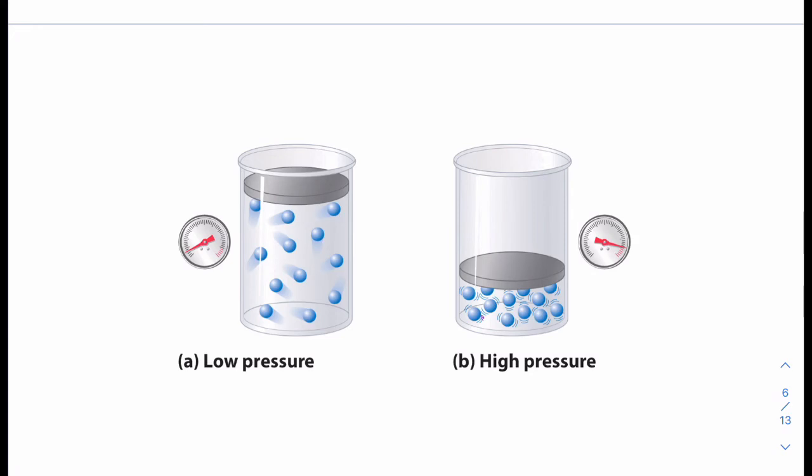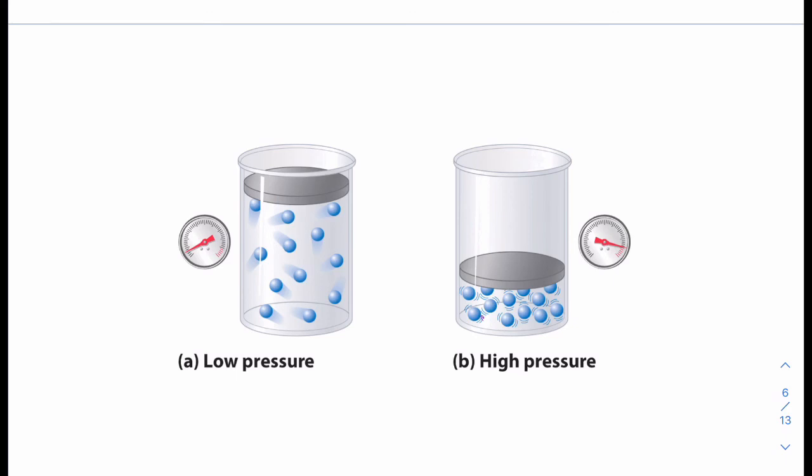So what does this mean for rate of reaction? Well, here they're more spread out, so they're going to have to move further to hit each other, whereas high pressure is closer together, so they're more likely to collide.